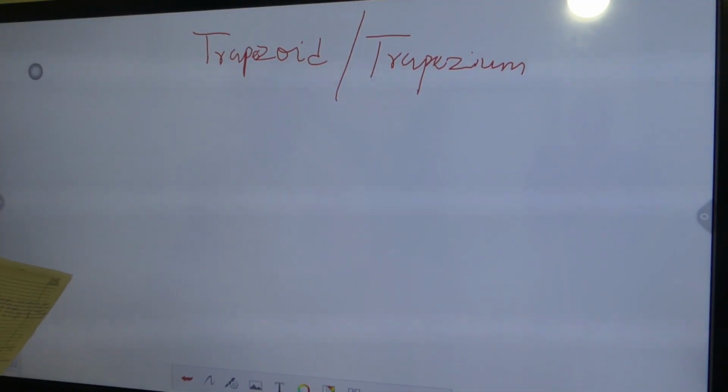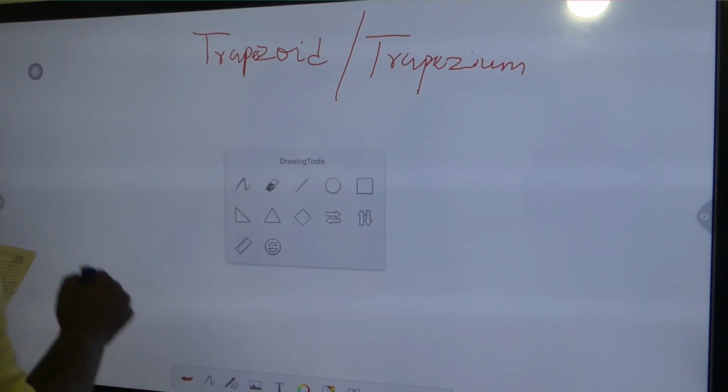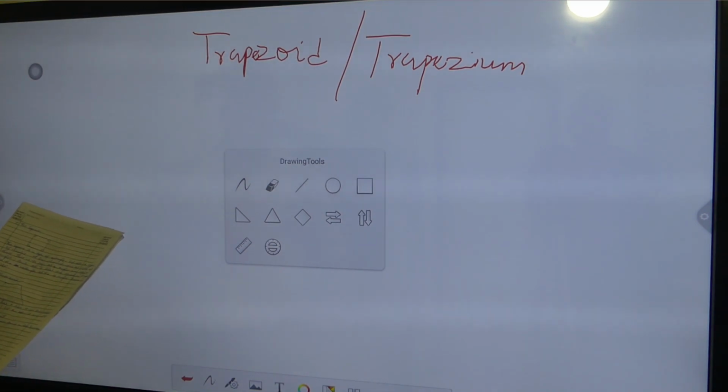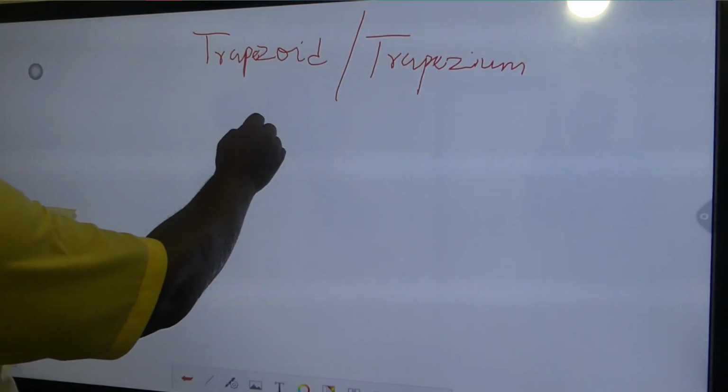The trapezium, we are going to draw the trapezium.